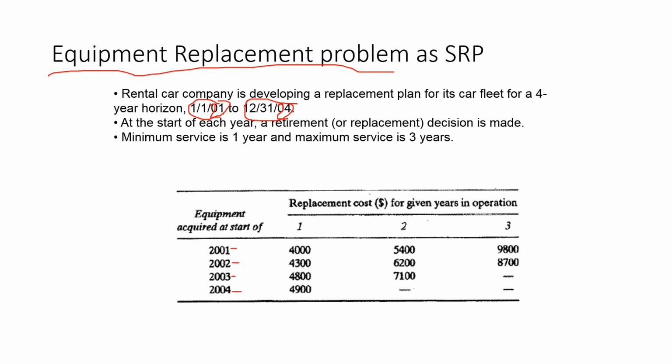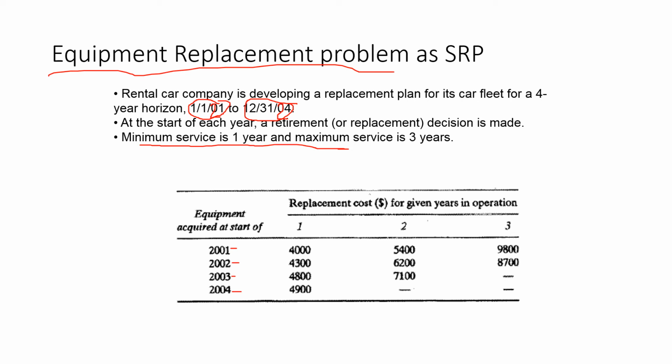Obviously, there are two conditions. At the beginning of the planning horizon, I have to buy the fleet or the car. So at the beginning I will have to acquire, and then at the beginning of next year, if the constraints allow, for example here, minimum service of 1 year, so that's fine, I can replace it within 1 year.